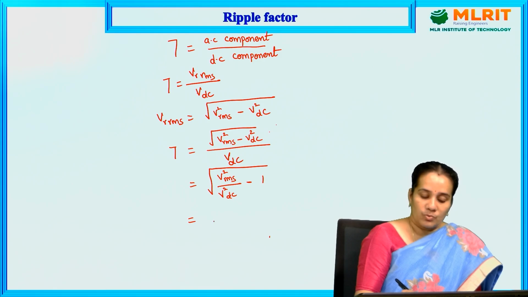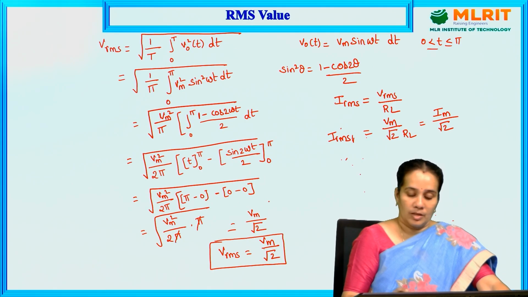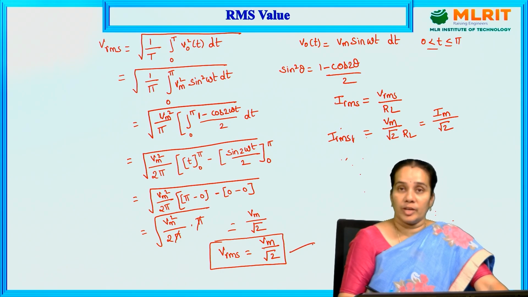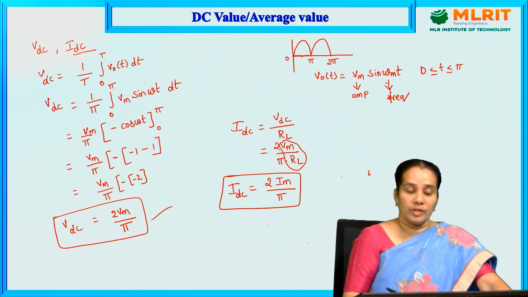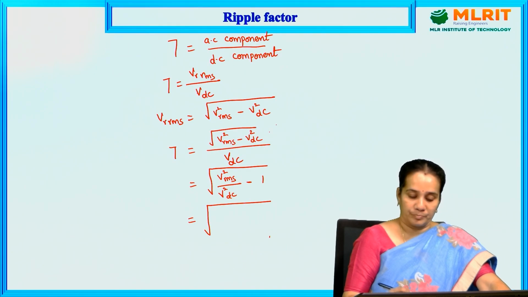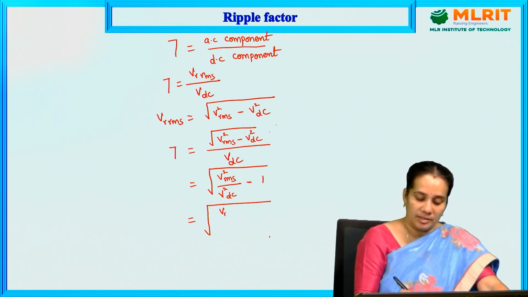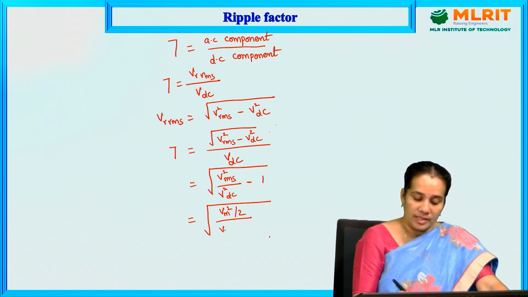What is the value of V square RMS? Vrms is Vm by root 2, and VDC is equal to 2 Vm by pi. So V square RMS is Vm square by 2, by V square DC, 4 Vm square by pi square, minus 1. Vm square cancels.